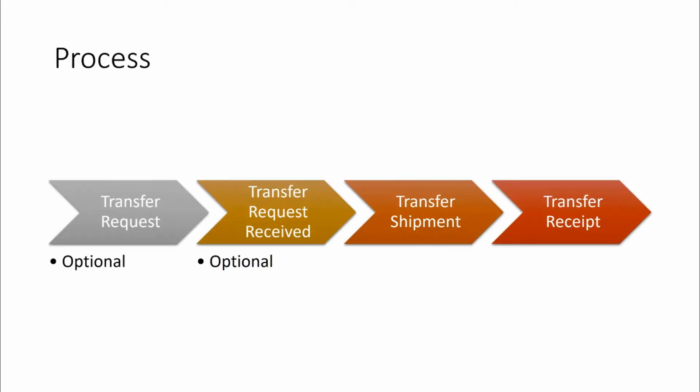Generally for the retail business, in the stock transfer we follow the process that if a store wants some stock from another store, they can raise a transfer request. The transfer request can be done from iVend on the store side or from the ERP, from SAP B1.